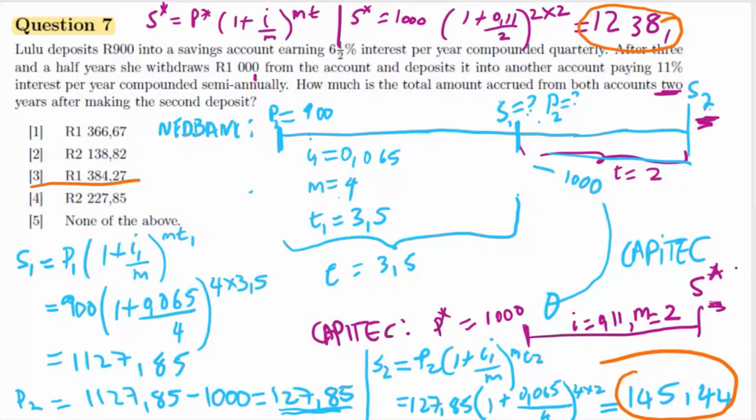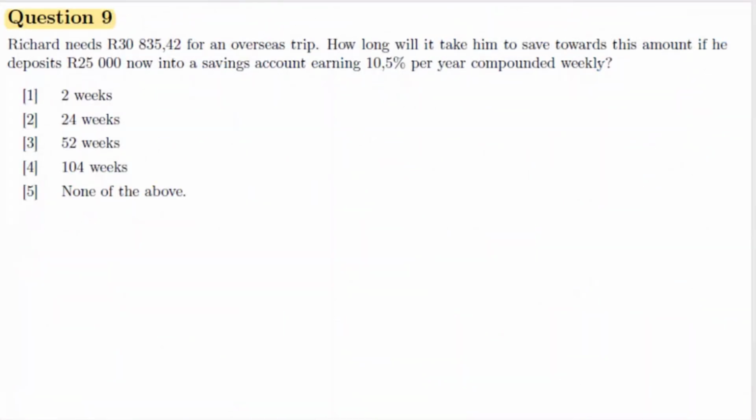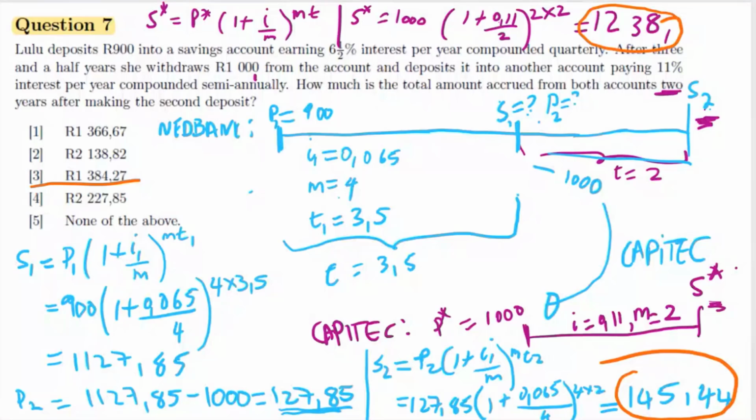I have a question. Yebo. Based on this example, for let's say the first, it's the Nedbank. Nedbank has more compounding periods than Capitec.